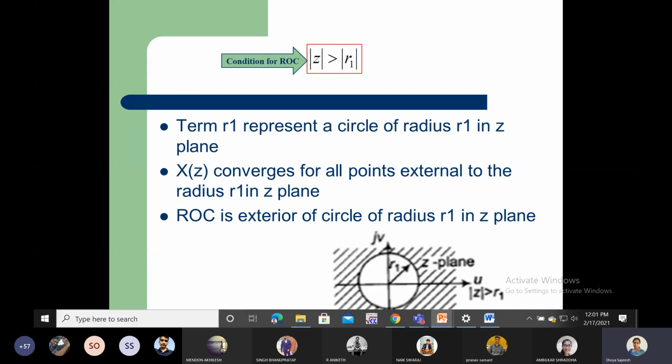Exterior to the circle of radius R1, the Z transform will exist. If any points come inside the circle, the Z transform will not exist. That is why it is mentioned on the side that the magnitude of Z should be greater than R1. That is, U plus JV, whatever values you take for the real and imaginary axes, both should lie outside the circle of radius R1.